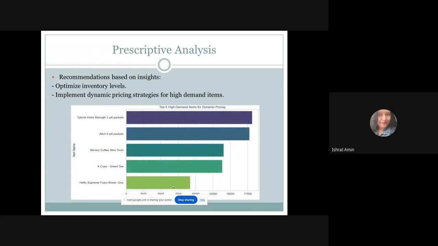In prescriptive analysis, we can see the top 5 most demanding items. The business can fix dynamic pricing strategies for these 5 items according to demand, seasonality and other determining factors. The business can change the pricing so that it can again go to the optimum point for generating revenue.